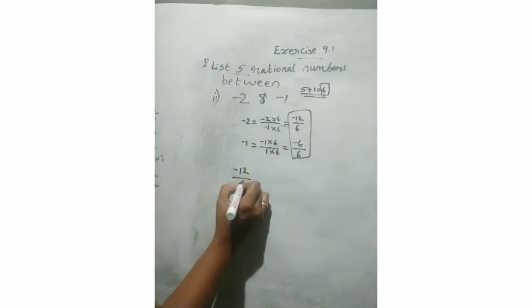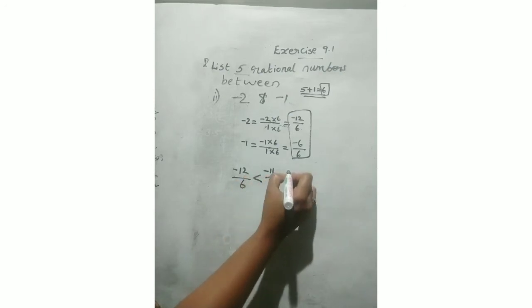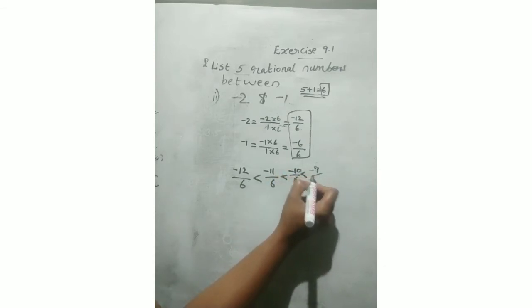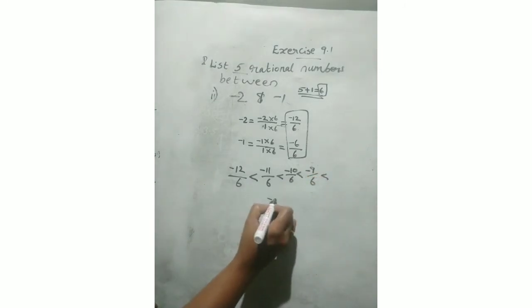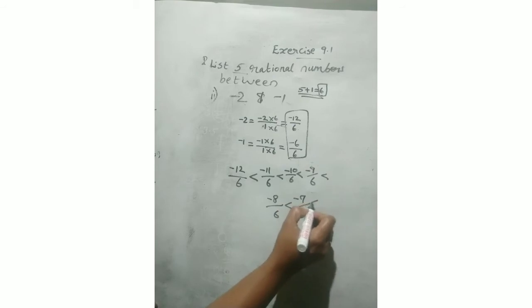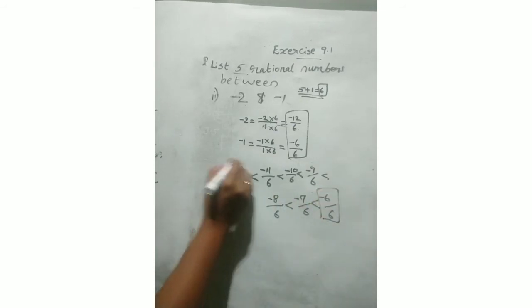Negative 12/6 is less than negative 11/6, which is less than negative 10/6, less than negative 9/6, less than negative 8/6, less than negative 7/6, less than negative 6/6. We can avoid the first one and the last one.